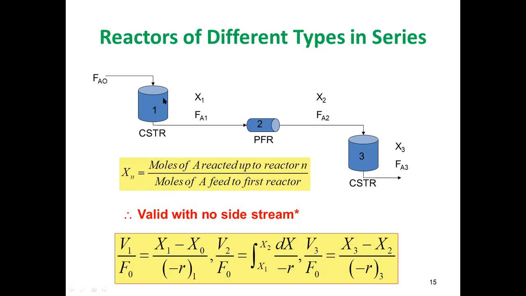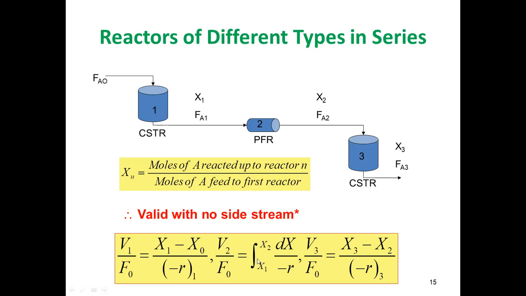Meaning there are no removals here, meaning all streams from one reactor are processed by the succeeding reactor. The same thing with no added streams here, let's say, for example, in the PFR, other than the one coming from the first reactor, which is the CSTR.